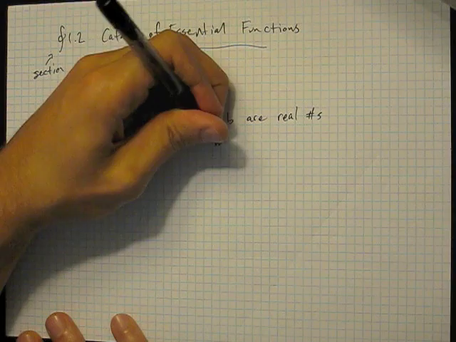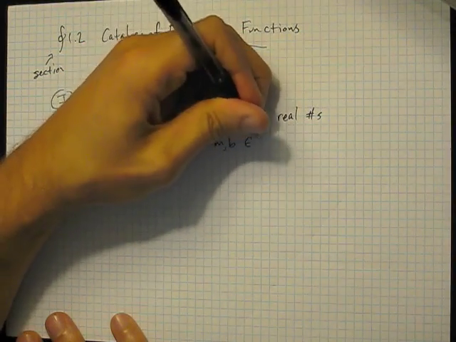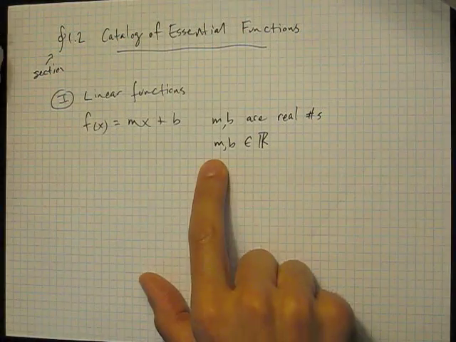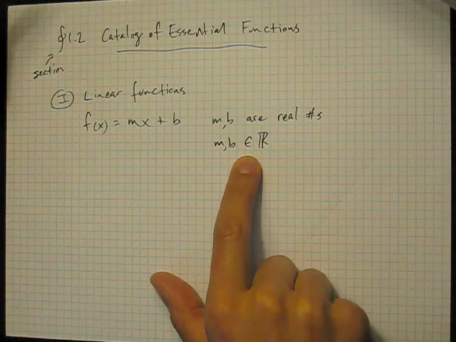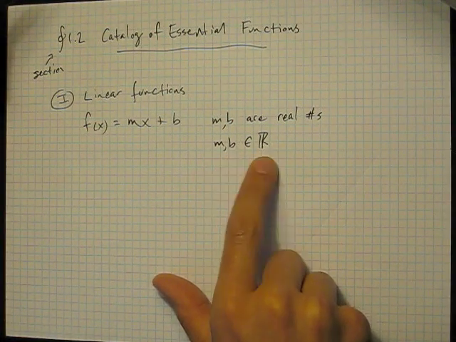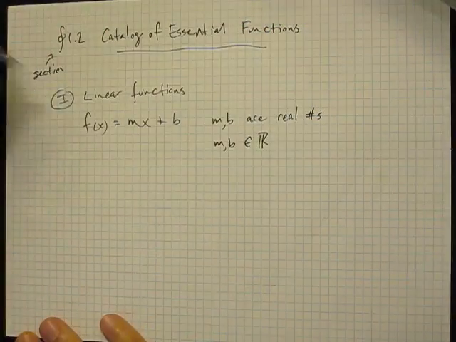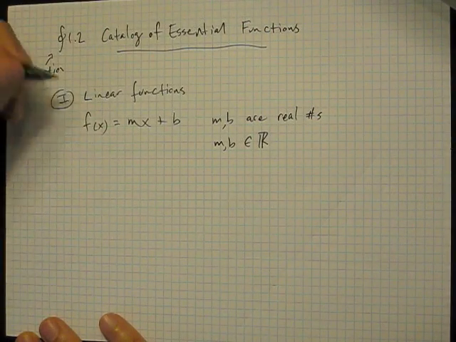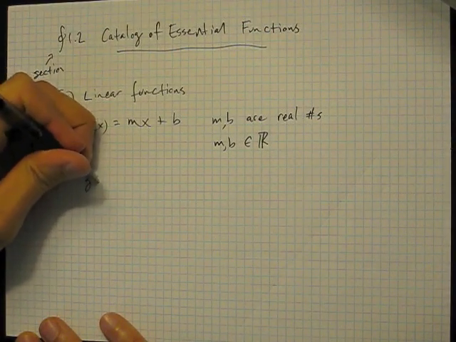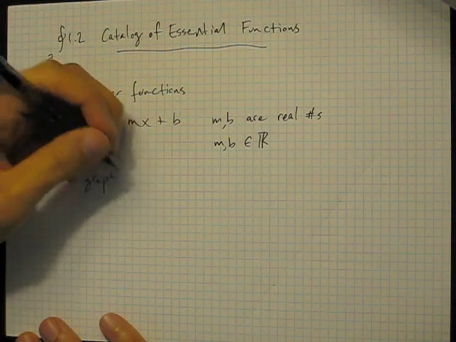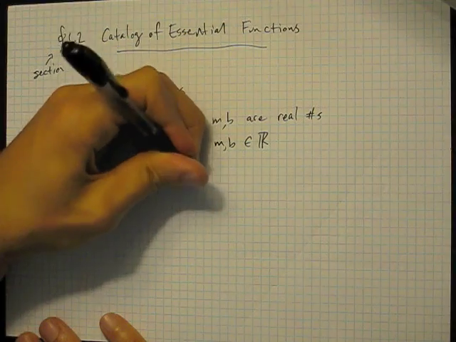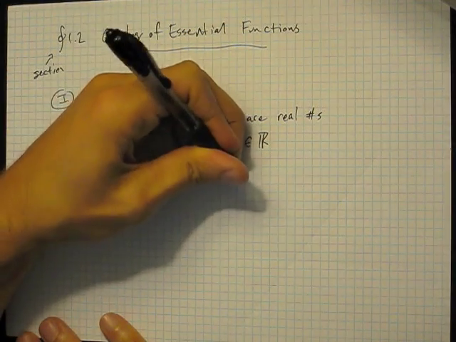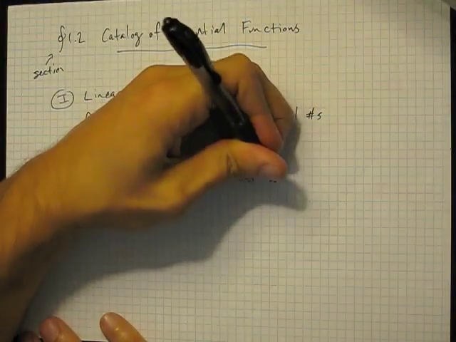Sometimes the symbol that we will use is this one, which means m and b are elements of the real numbers. Anyway, so this is a linear function. The graph of a linear function is always a line. So graphs of linear functions are lines.